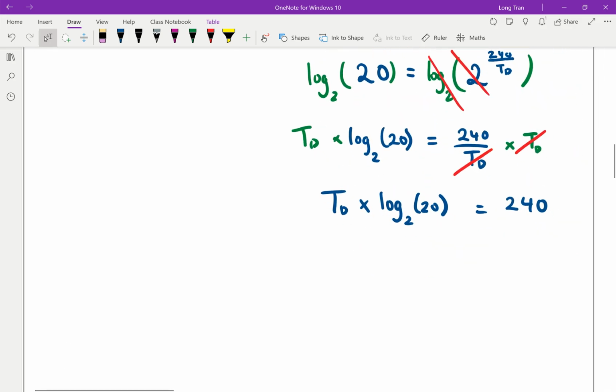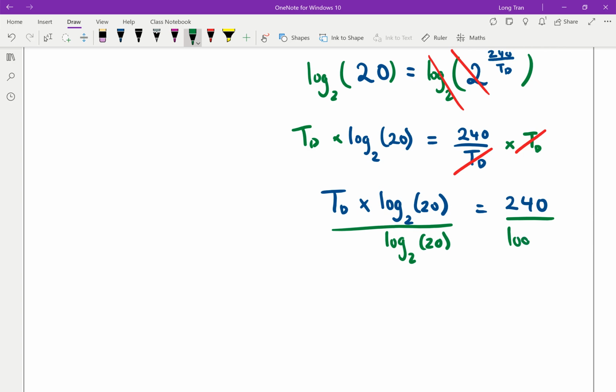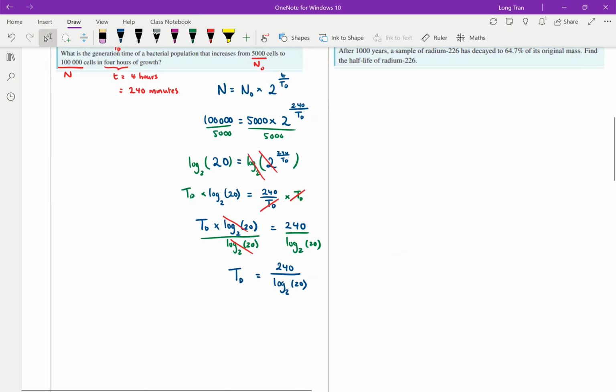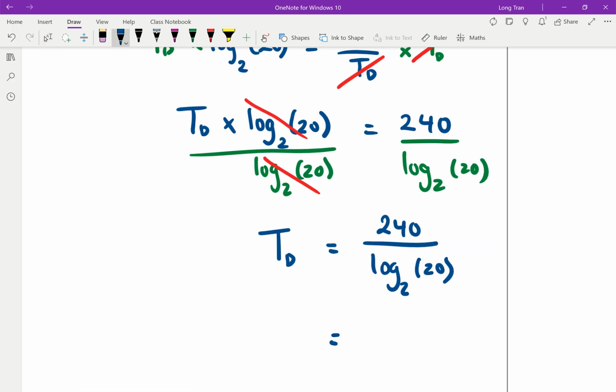From here, how do you get TD? I need to get rid of times log base 2 of 20, and the opposite of times is divide, so I divide by log base 2 of 20. All I'm doing is inverse operations the whole way. These two cancel out to be 1, and that's why TD is equal to 240 over log base 2 of 20.